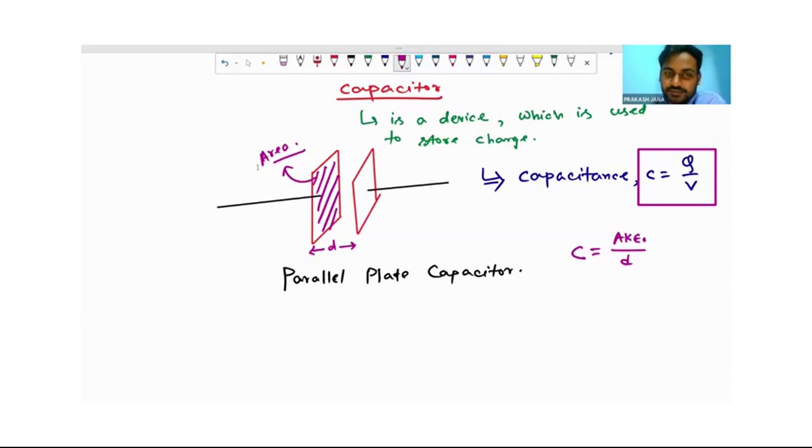Fine. Now we will find the resultant capacitance of a few capacitors when they are combined in series and parallel, like we derived for resistances. Here the scenario is just opposite to that of resistance, so I am not going to derive the expression for capacitance in series and parallel combination.